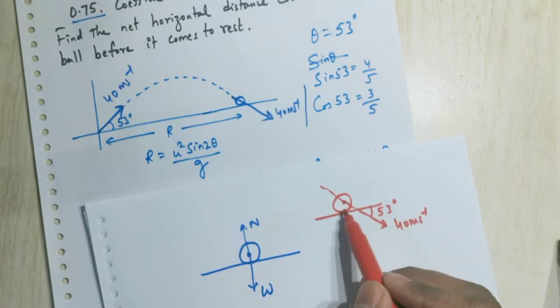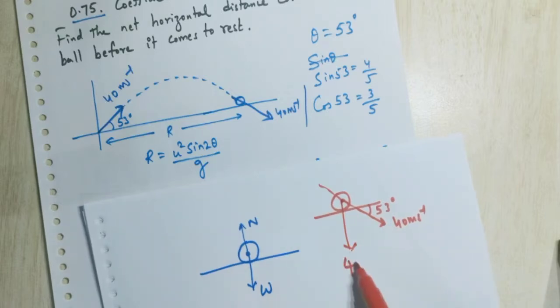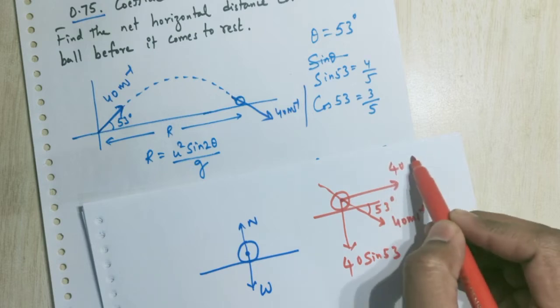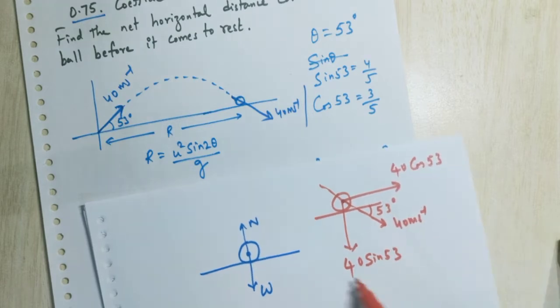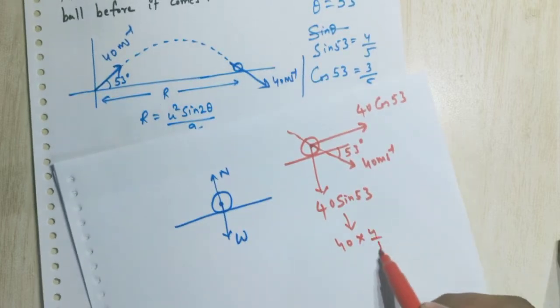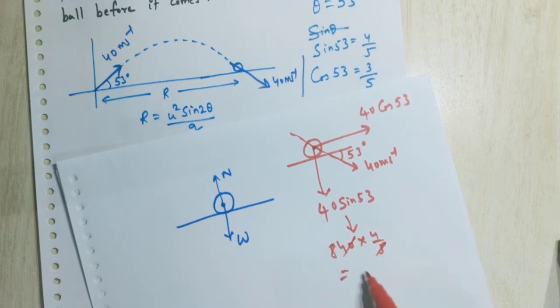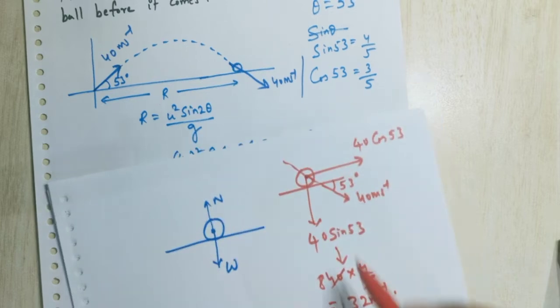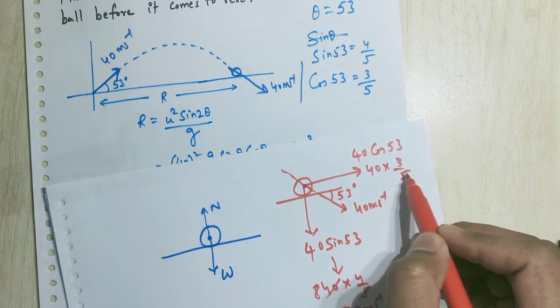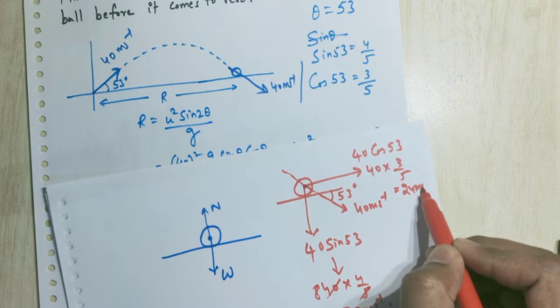So you can resolve this into components. This would be 40 sine 53 and this would be 40 cos 53. 40 sine 53 is 40 into 4 by 5, that is 32 meters per second. Similarly 40 cos 53, 40 into 3 by 5, that is 24 meters per second.